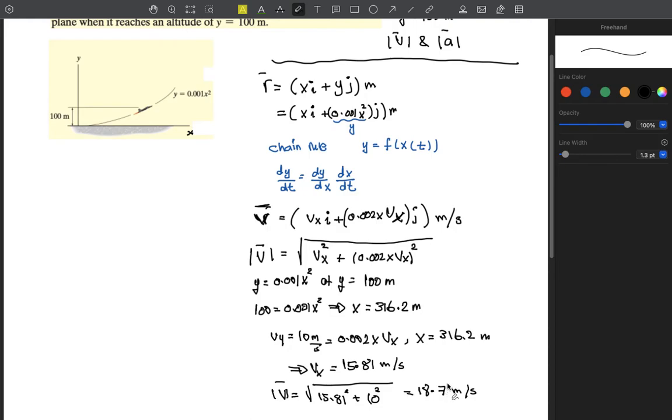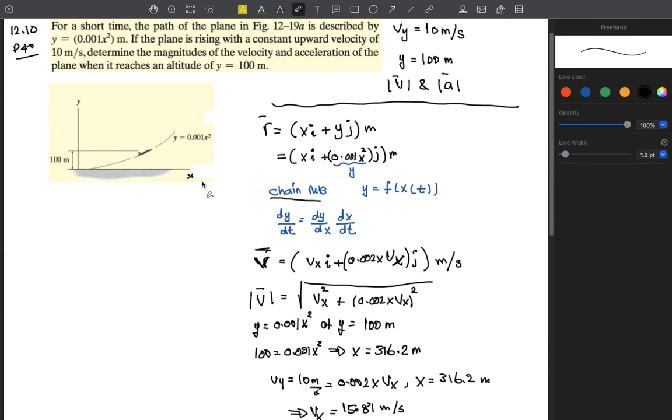So this is the magnitude of the velocity of that airplane at an altitude of 100 meters. Okay, so now this is the easy part. We have another part which is also easy, but it involves not only the chain rule but also the product rule. Okay, so now we're done with the velocity.